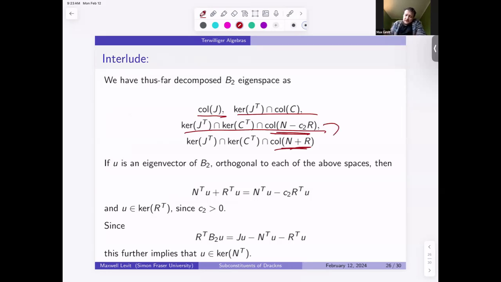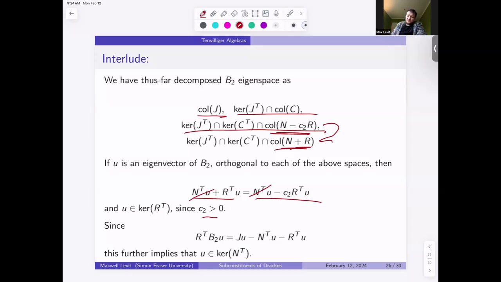And actually, if you're not in either of those spaces, we can give a simpler description of the things that don't live in either of those spaces. Because C2 is greater than 0, these pieces cancel out, and you see that you actually had to live in the kernel of R transpose already.